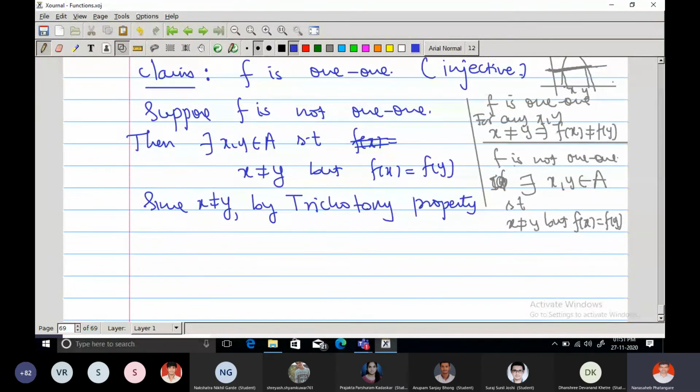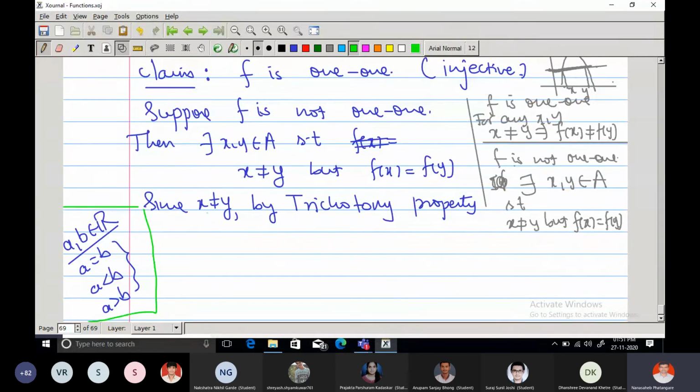If you are given two real numbers, then exactly one of the following is true: either they are equal, or a less than b, or a greater than b. Right? For any two real numbers, exactly one of these three holds.